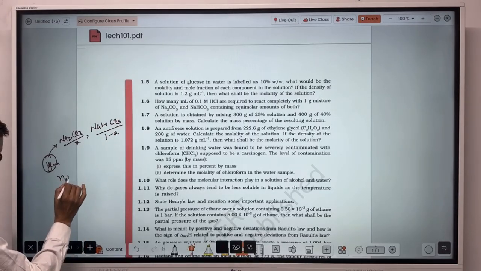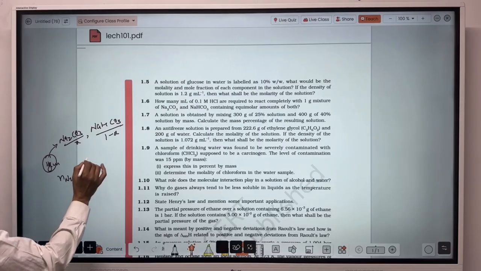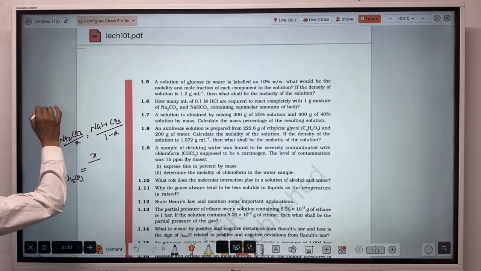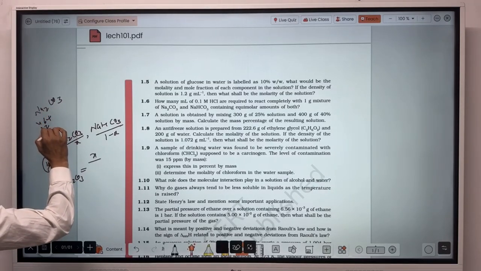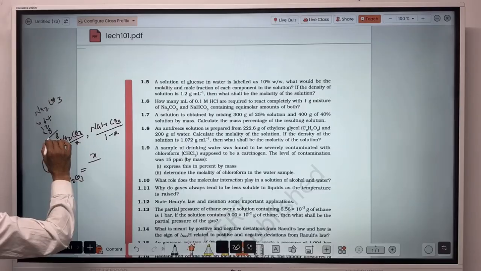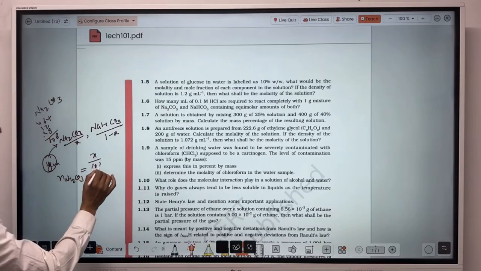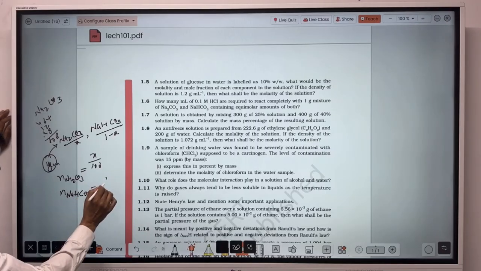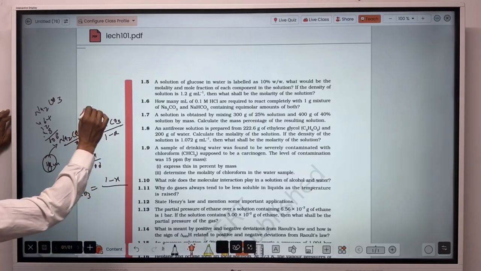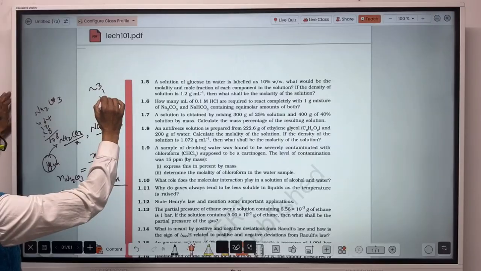The number of moles of Na2CO3 will be X upon the molecular weight of Na2CO3, that is X upon 106, and the number of moles of NaHCO3 will be 1 minus X upon, here, 23 plus 1 plus 12 plus 48, that is 84.